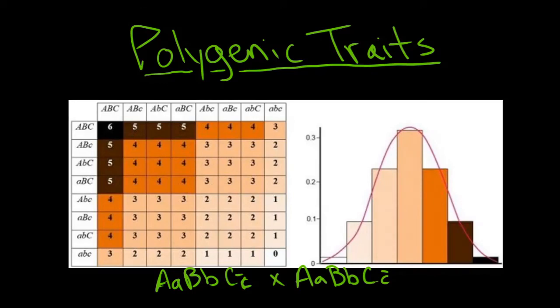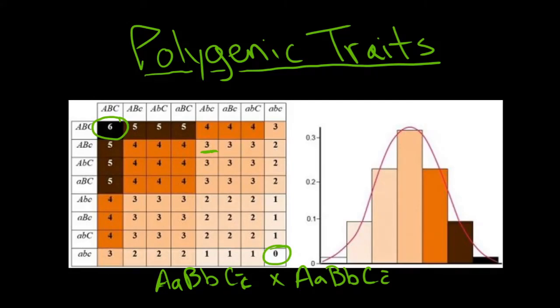Now, they would have this kind of medium skin tone here represented by all these 3s, but between the 2 of them, they could have children. It would be possible in this mix for them to have children who were the lightest and got no dominant alleles, or have a child who was the darkest, who got nothing but dominant alleles.